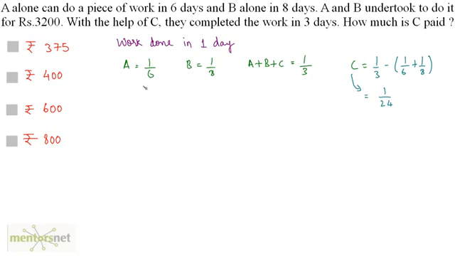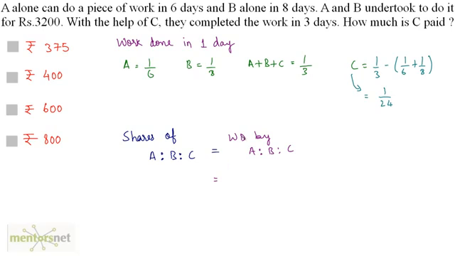Now what we want is how much share C is paid. So for that we'll need the ratio of the shares of A, B and C. So we have share of A is to share of B is to share of C is equal to the ratio of work done by A is to work done by B is to work done by C, right?